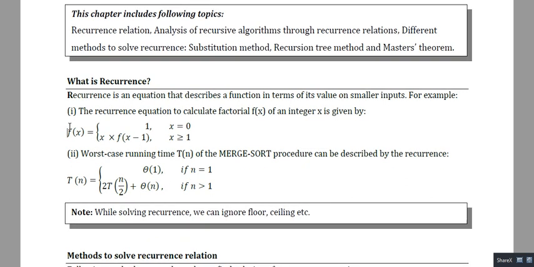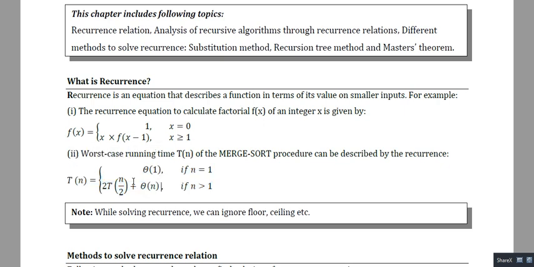So clearly this is a recurrence for finding the factorial of any positive integer. Factorial of 0 is 1, and if x is greater than or equal to 1, then factorial of x will be x into factorial of x minus 1. Similarly, this is the recurrence which represents the worst case running time of merge sort.